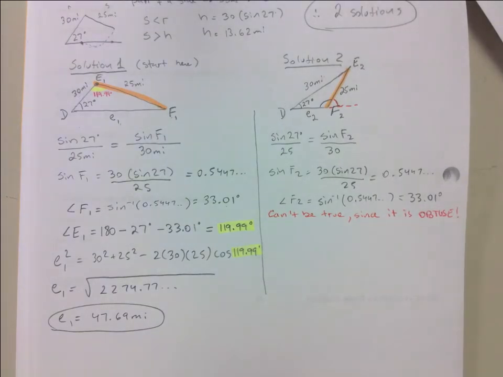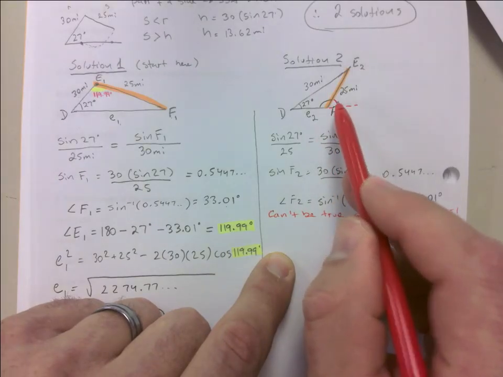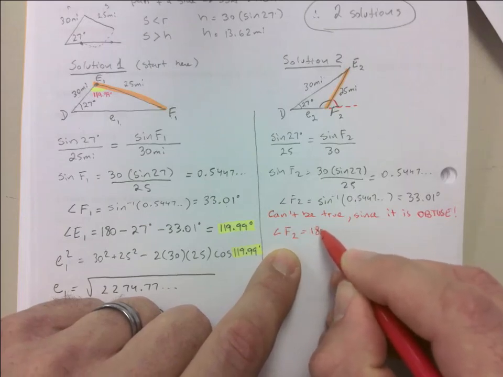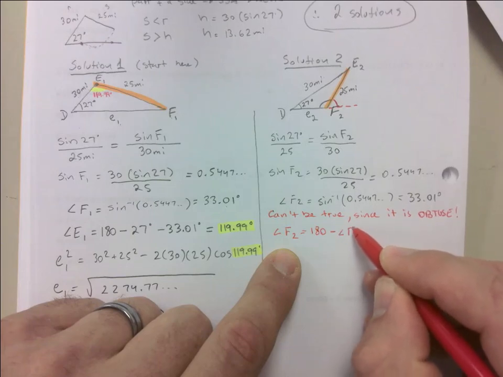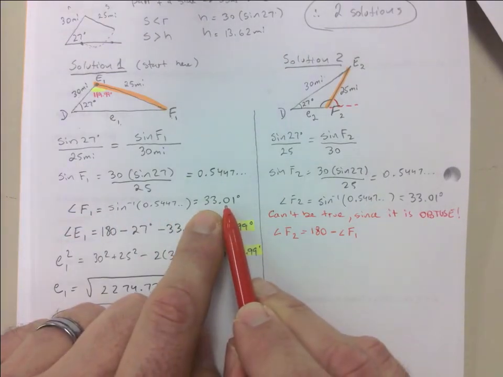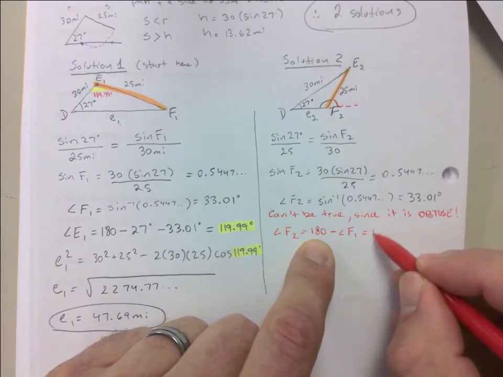So what is it going to be? What do we know about those two angles? They are supplementary, correct? Yes, so angle F2 is 180 minus, watch this, I'm going to go minus angle F1. So I'm basically going to take whatever I got for this angle and just subtract it from 180.